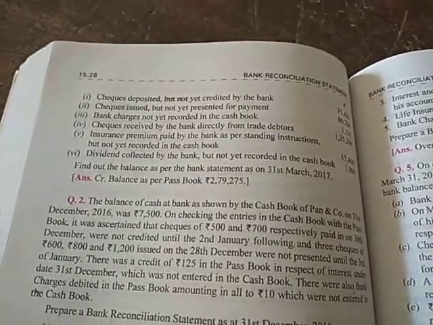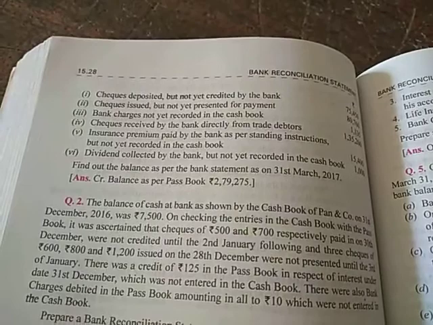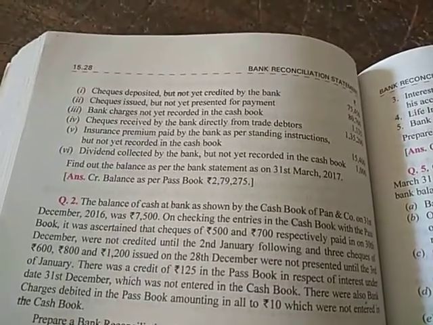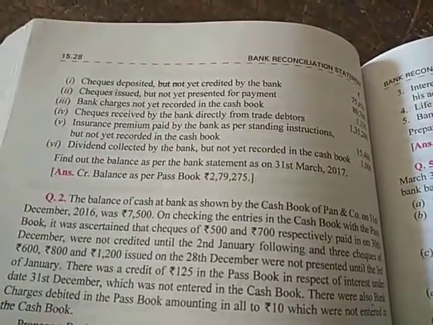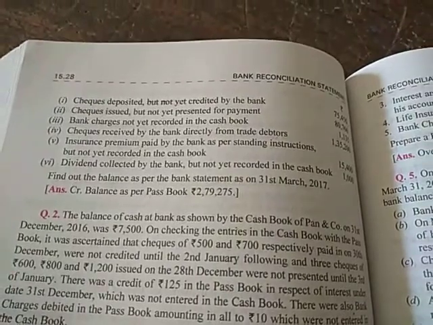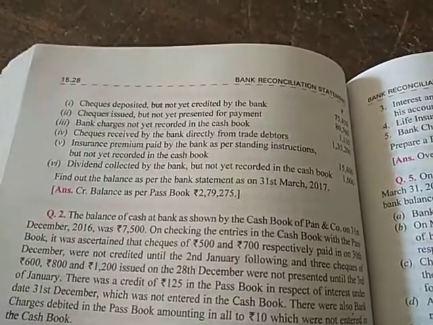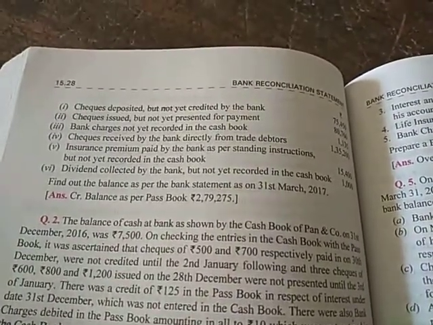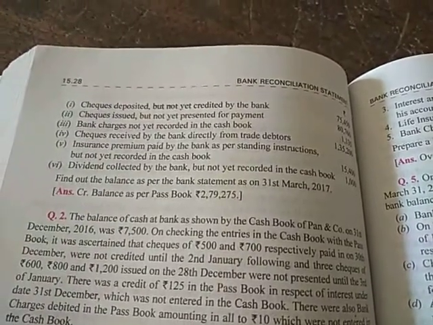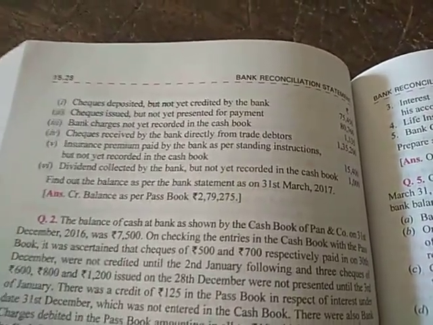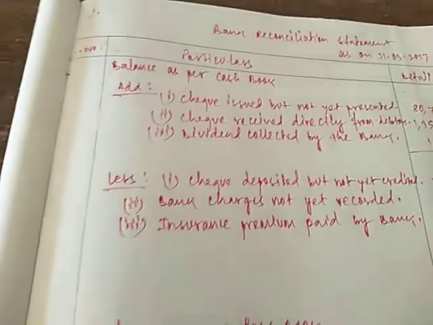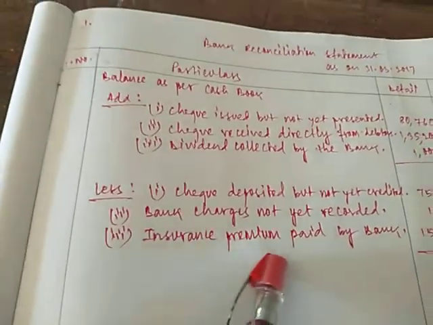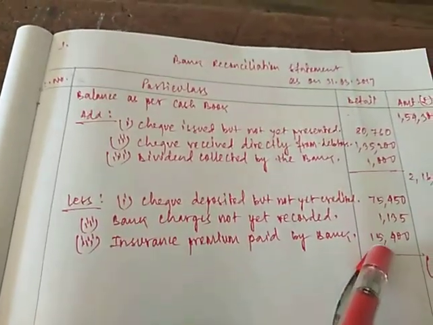So the bank has paid the insurance premium as per my standing instructions, but has not informed me. So my bank balance is reduced, but I have not reduced the balance in my cash book. So I will record it, insurance premium paid by the bank, and deduct 15,400.